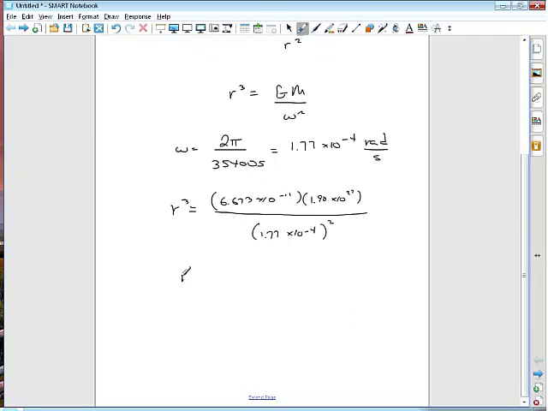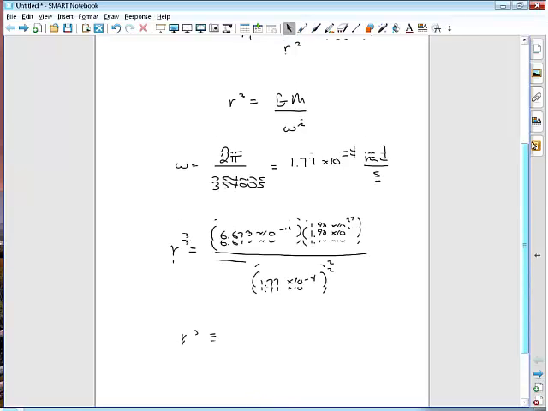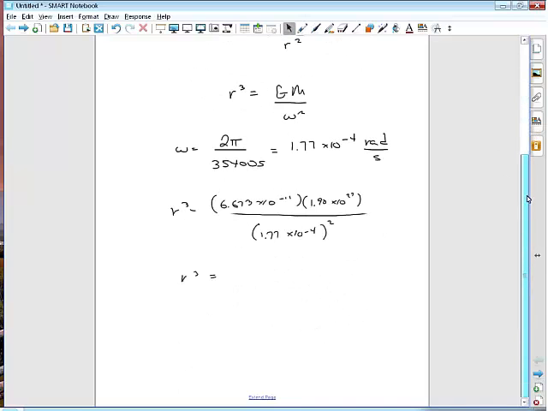We would end up with meters cubed as far as the units working out. So let's just plug that in. 6.673 e to the negative 11 times 1.9 e to the 27th, divided by 1.77 e to the minus 4, and we square that.